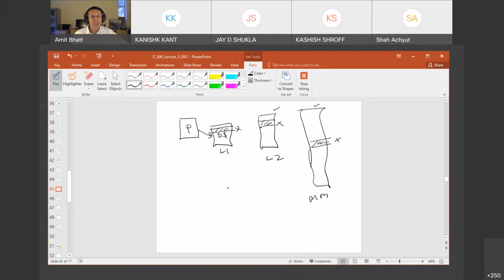One option is a simplistic option: whenever you change the value of a block in L1, you go to L2 and change that block in L2, and also change it in main memory. Right? So this is a simplistic thing, but someone would immediately say, oh, this is not correct.